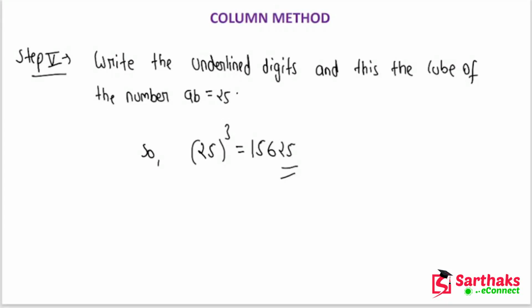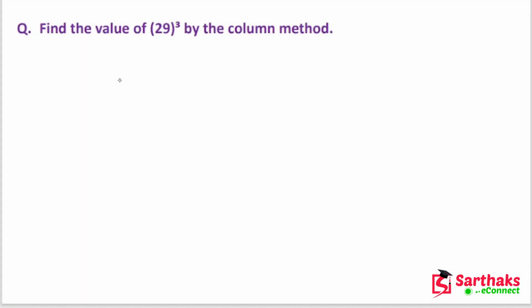Now it is looking very long to apply, but this is very easy to apply when there is a 2-digit number, right? So let us solve some questions based on this method to further strengthen the use of this method. So let us find the value of 29 cube with the help of the column method.